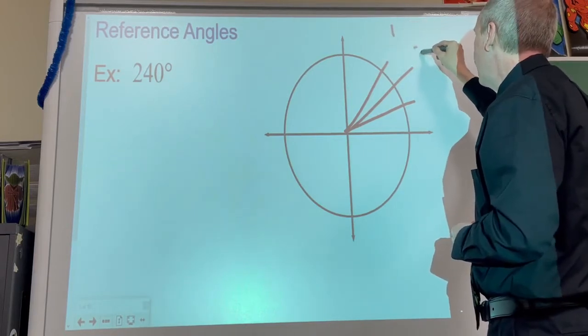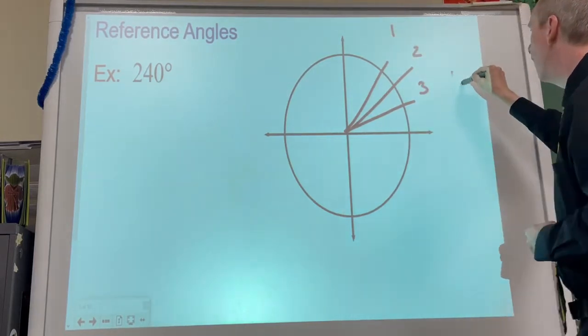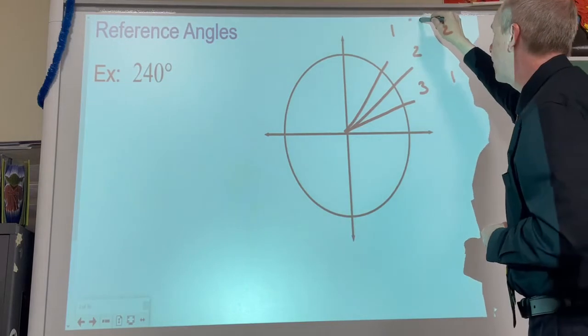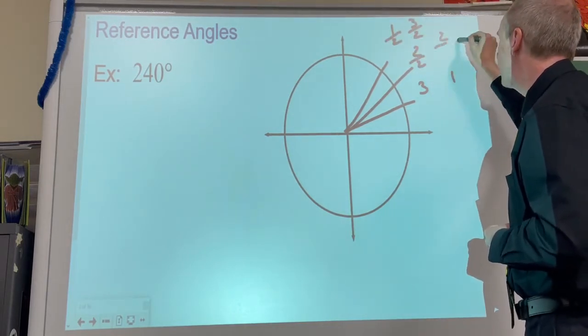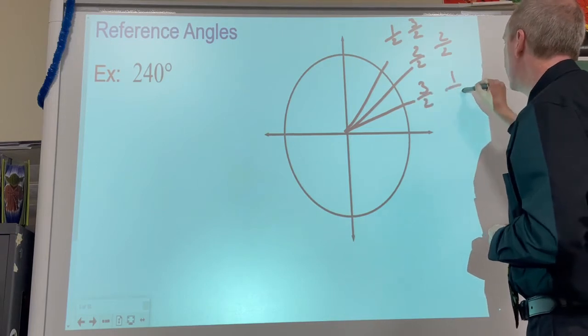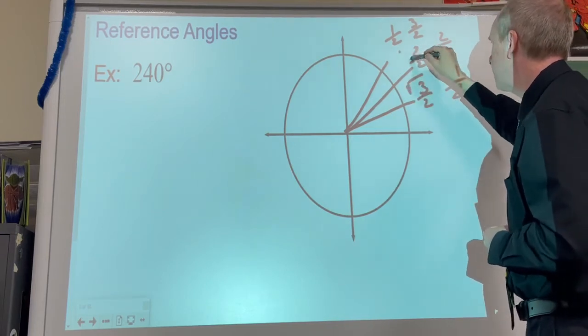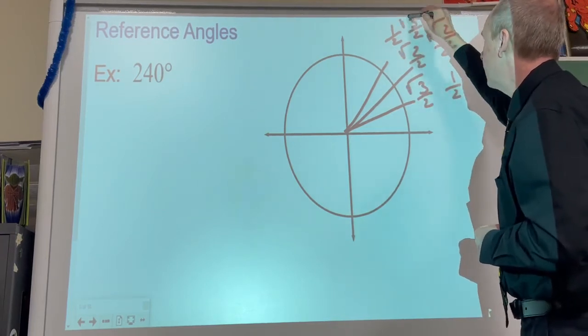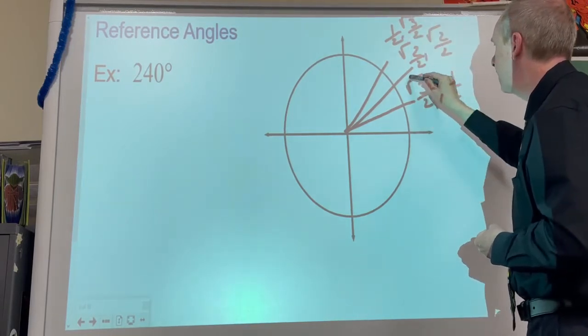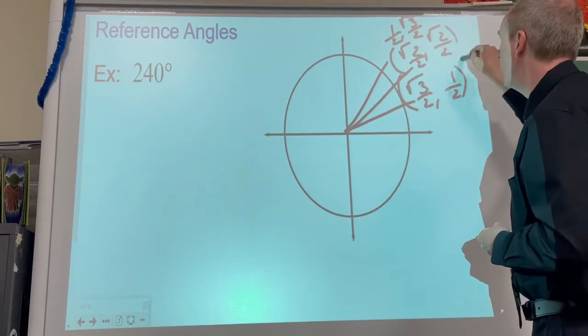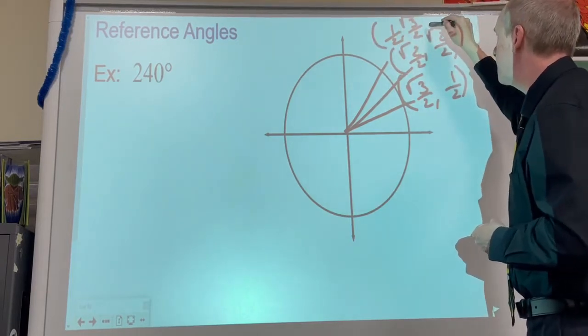And we've labeled 1, 2, 3, 1, 2, 3 as our answers. We put everything over 2, and we took the square root of all the tops. Square root of 1 is 1, so that's why I don't bother with it. So this is my x, this is my y.